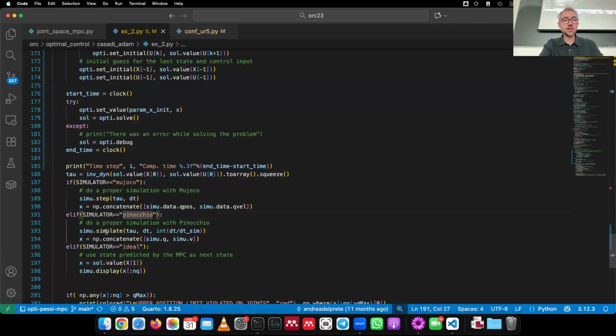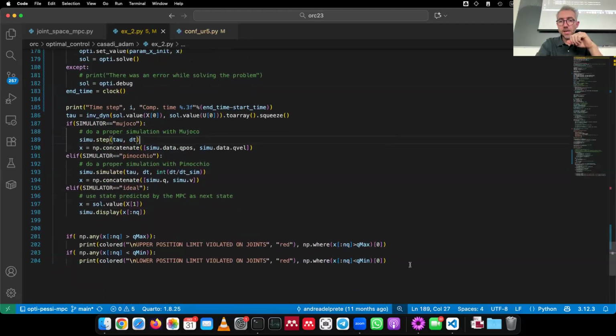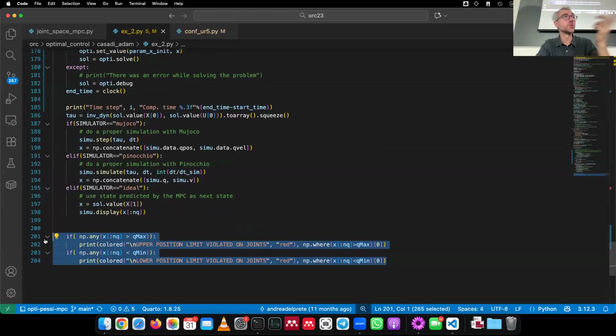Pinocchio instead is a standard multi-body dynamics library, which takes the torques and computes the accelerations and integrates them. And MuJoCo is instead a more complete and complex simulator where we can also introduce obstacles and simulate collisions with the environment, but we are not going to do that because you don't have it installed. And then we have a couple of prints to check whether we are violating the joint position limits.